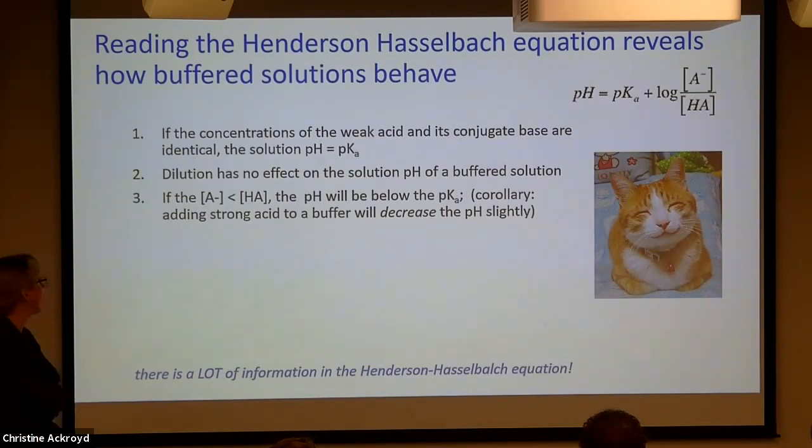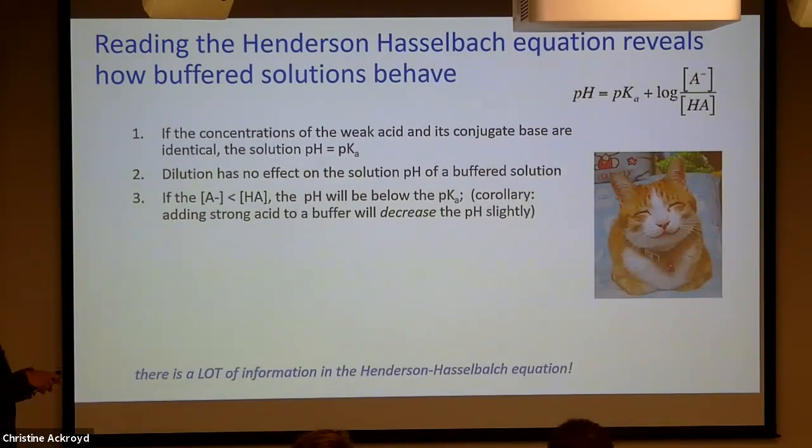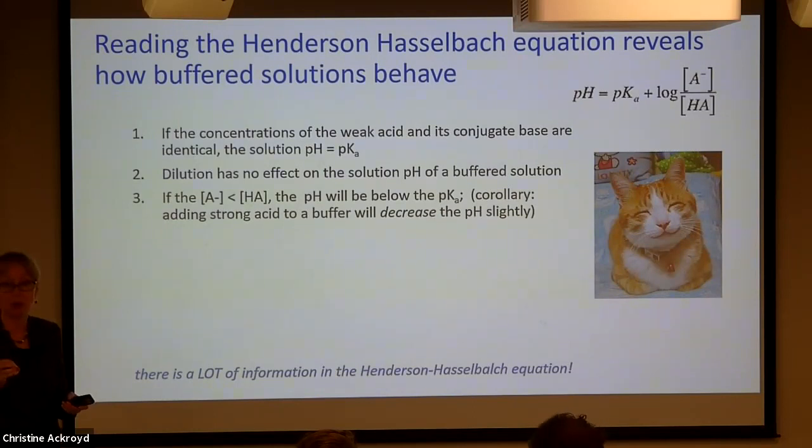Okay, so if you have less of the conjugate base than the acid, that ratio is less than 1, right? What do you know about a base 10 logarithm of a number less than 1? Negative value. So if your A over HA ratio is less than 1, your pH is pKa minus a number, so your pH is lower.